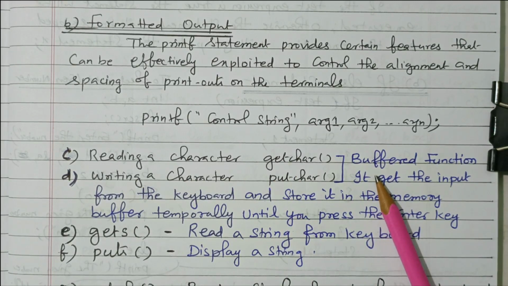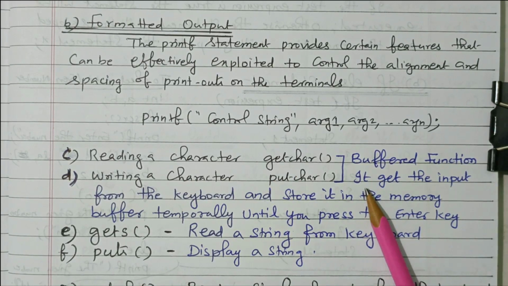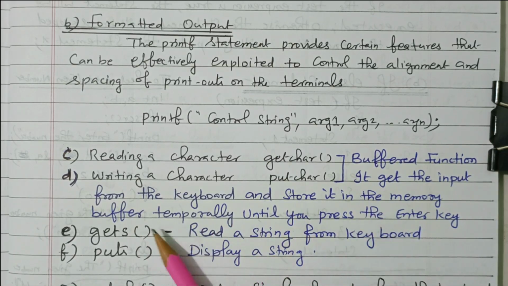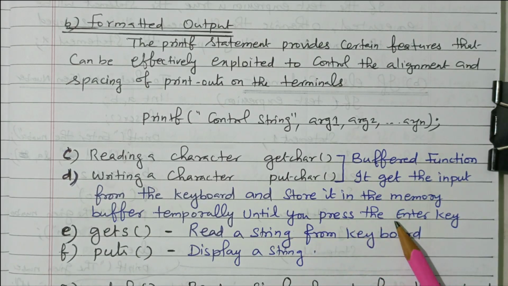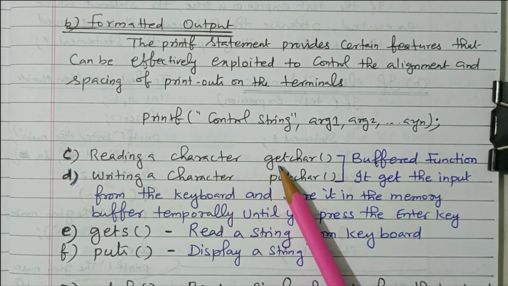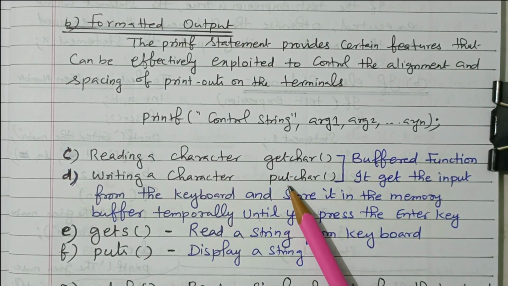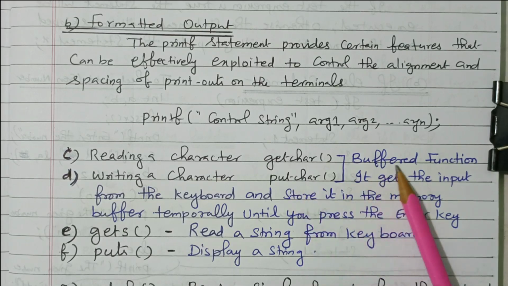Buffered means it is stored in a particular memory. It gets the input from the keyboard and stores it in the memory buffer temporarily until you press the enter key. So getchar means get the character from the user. Putchar means display the character on the monitor. These two are buffered functions.